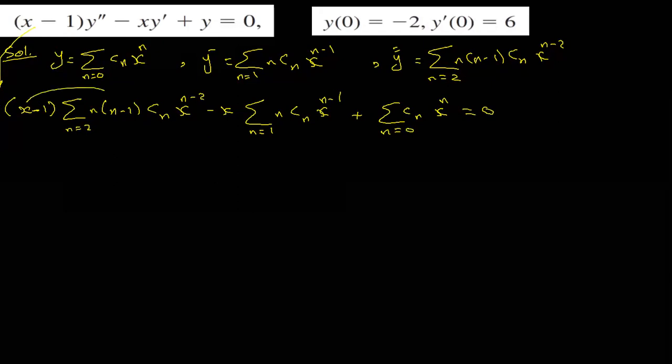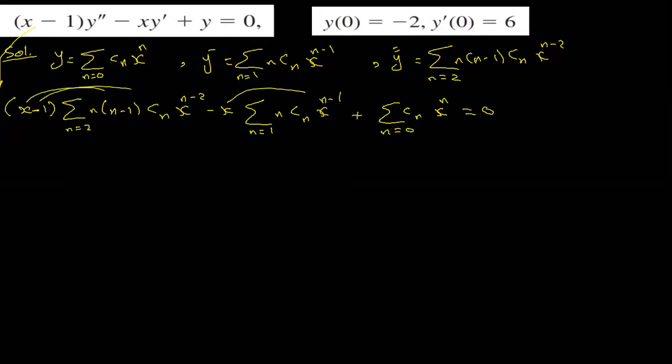Now I'm going to distribute as usual here and multiply the x inside. So you have the summation from n equal 2 of n(n minus 1) c_n x to the power n minus 1. This is the first one, and for negative 1, the summation of n(n minus 1) c_n x to the power n minus 1 starting from 2.